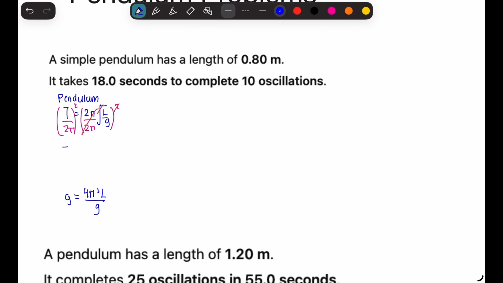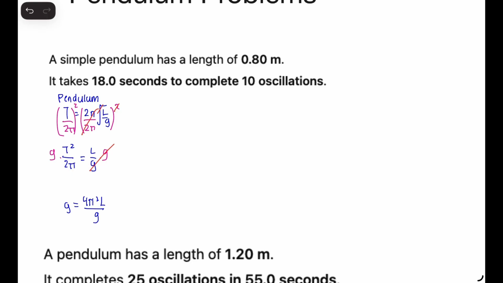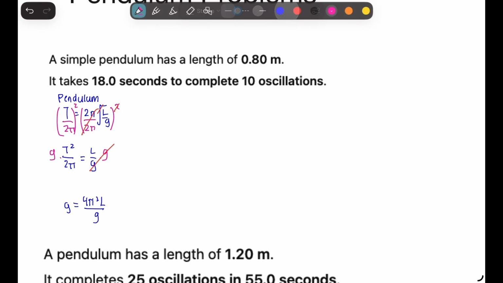Now you have T squared over 4 pi squared equals L over G. We're solving for G, so you're going to multiply both sides by 1 over L, and then here you have 1 over G, but if you want just G on the top, you're going to have to take the reciprocal of both sides, and that's how you get this formula for G.